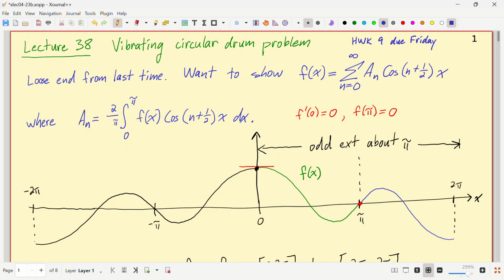Well, there's a big theory around Sturm-Liouville problems where they all come up with orthogonal functions that you can use as building blocks, and sort of you reinvent Fourier series every new problem you do that way.